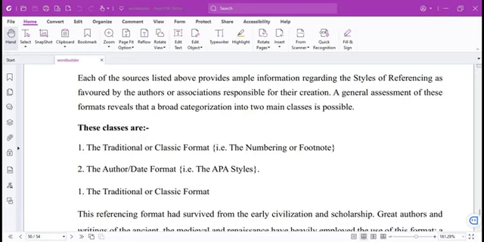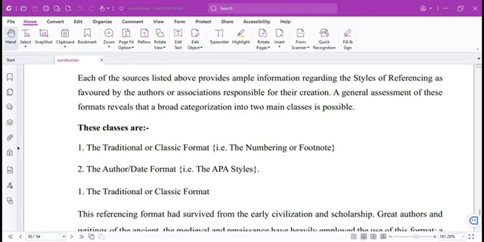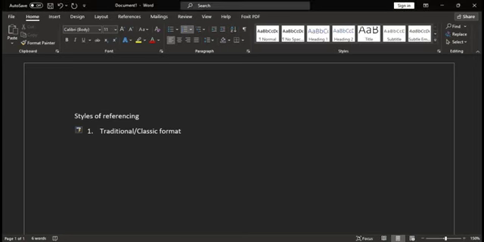That is the numbering of footnotes. And then the next one is the author date format.